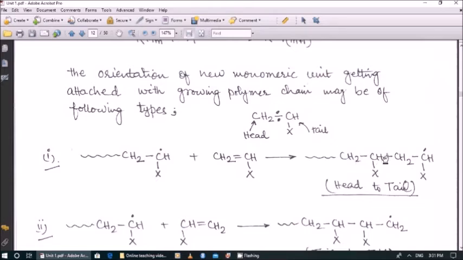This is the growing polymer chain, and here CHX is the tail and CH2 is the head. So both are getting attached, and we call this type of attachment head to tail, where the head comes from the monomer and the tail comes from the growing polymer chain.